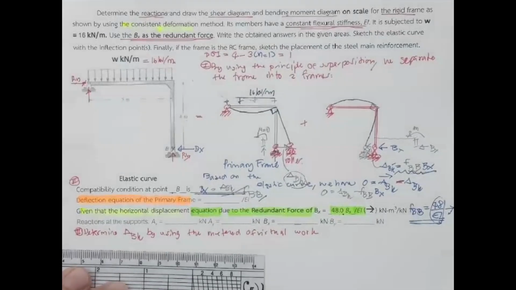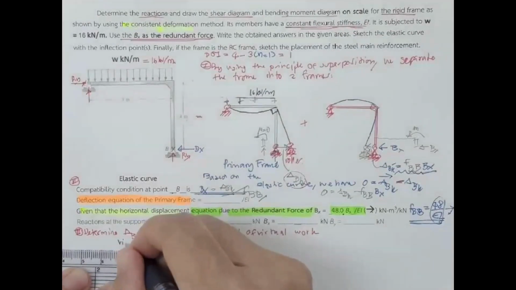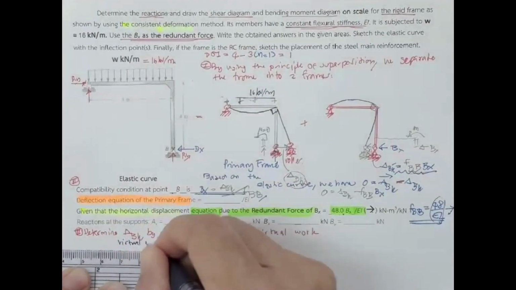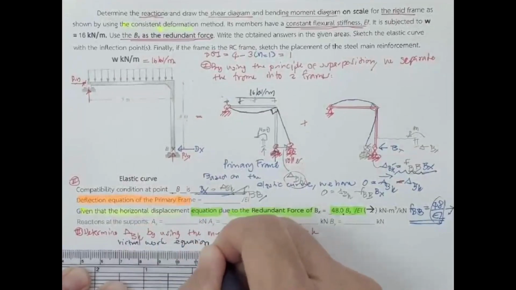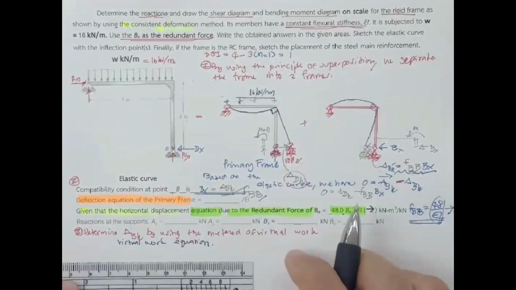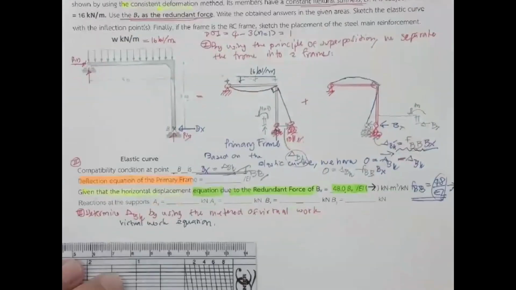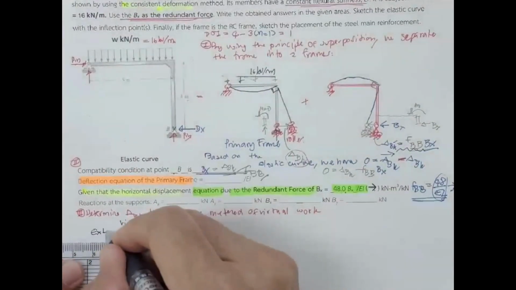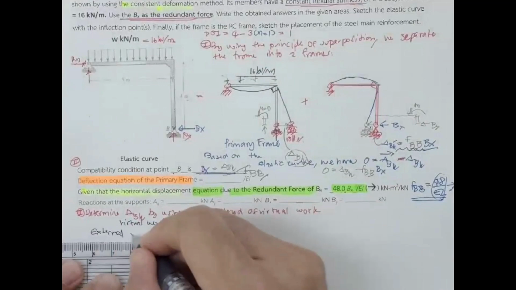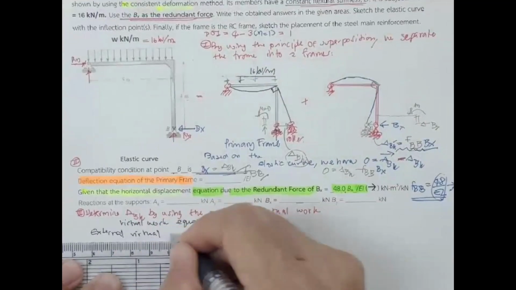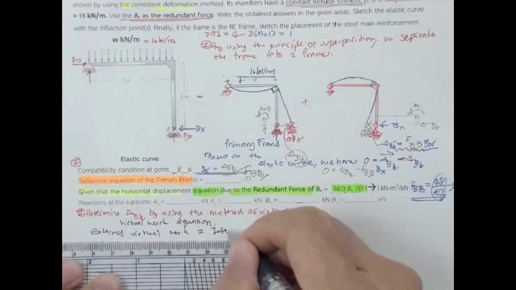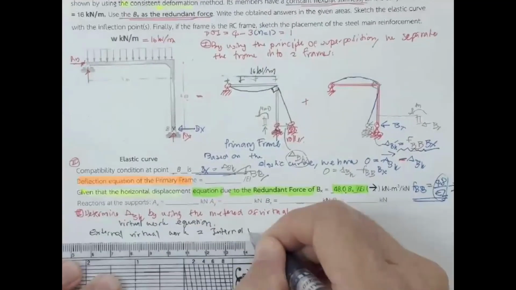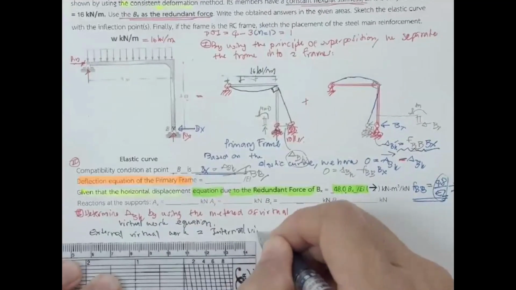So you have to write the virtual work equation. And if you prefer, you may put it in a more complete form, such as external virtual work is going to be equal to internal virtual work.